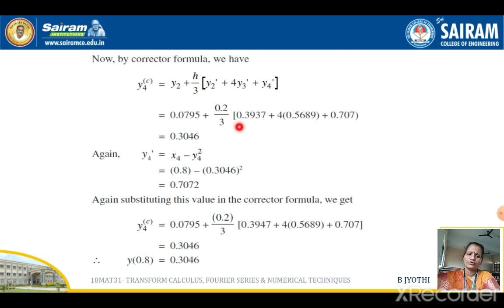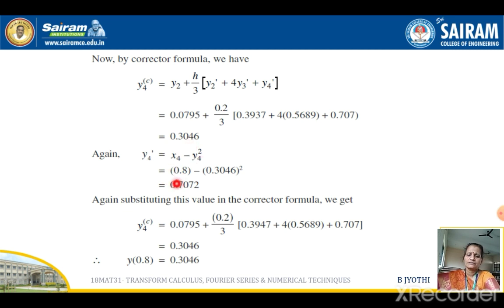So 1 plus 0.1 by 2 into 1 plus 0.1 plus 1.11. On simplification, we get the value 1.110, which is same as the previous value. So we stop at it.